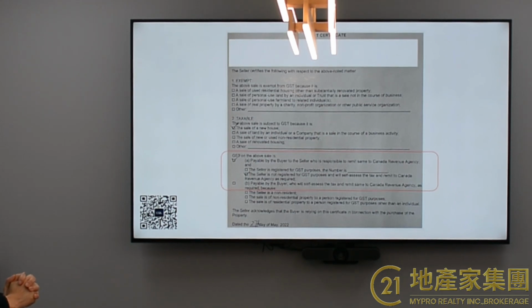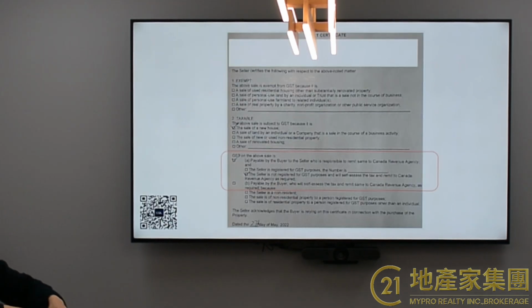And we received, I think this document is provided by Dandi's law firm, right? They especially tell the seller that if they are not registered for GST, HST, the buyer will self-assess and remit to the revenue agency. It lets the seller know that in the whole transaction, they are going to hold this HST.